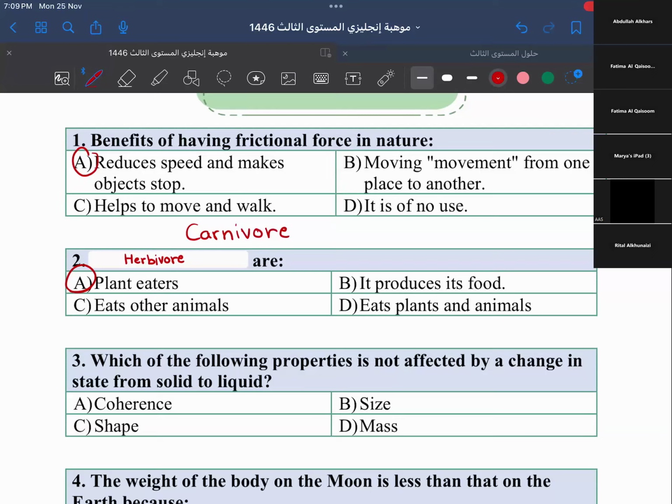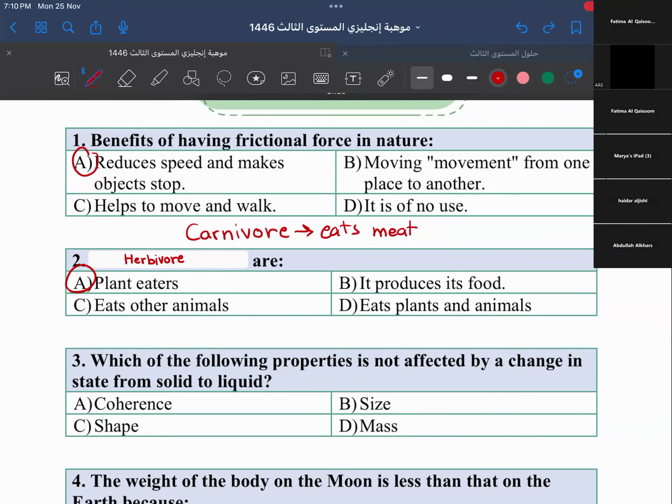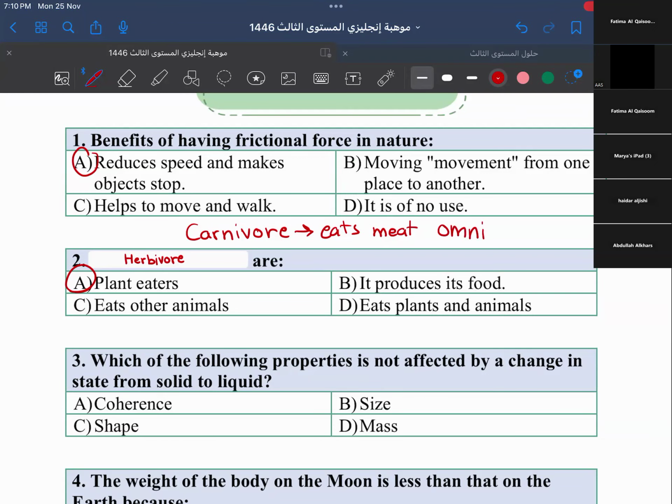Carnivores only eat meat. And the name of the animals that eat both meat and plants? Omnivore. Omnivore, exactly, mumtaz.